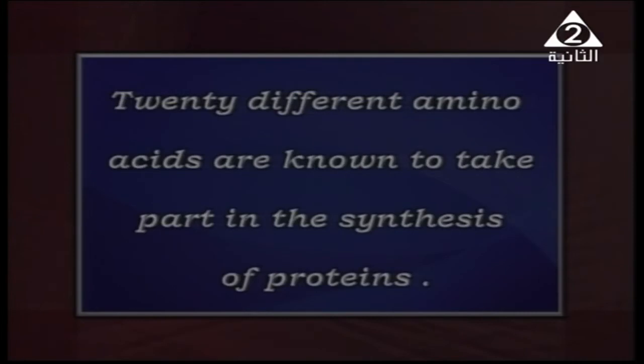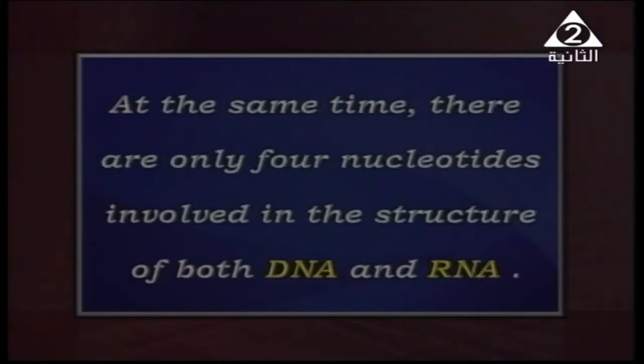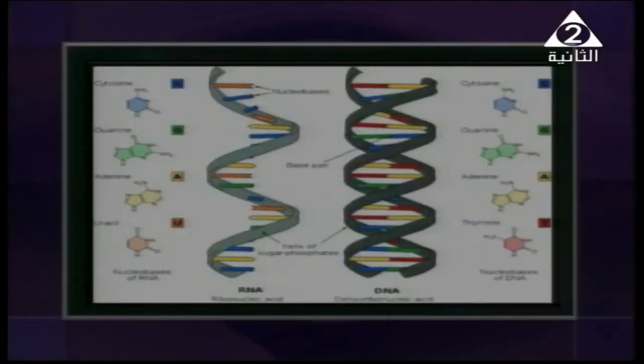We said before that 20 different amino acids are known to take part in the synthesis of protein. These are the 20 amino acids that help in synthesis of protein. But at the same time, there are only 4 nucleotides involved in the structure of both DNA and RNA. This figure illustrates the structure of DNA and RNA.